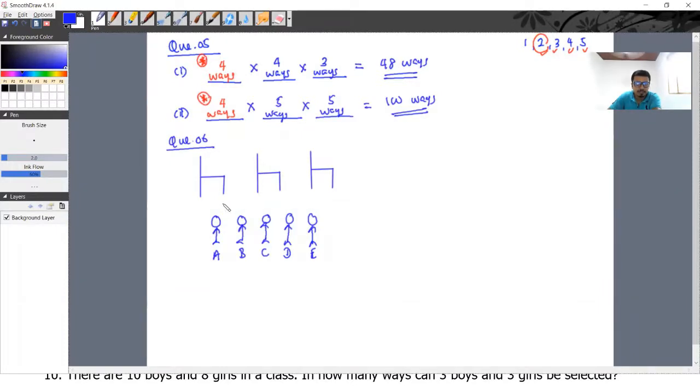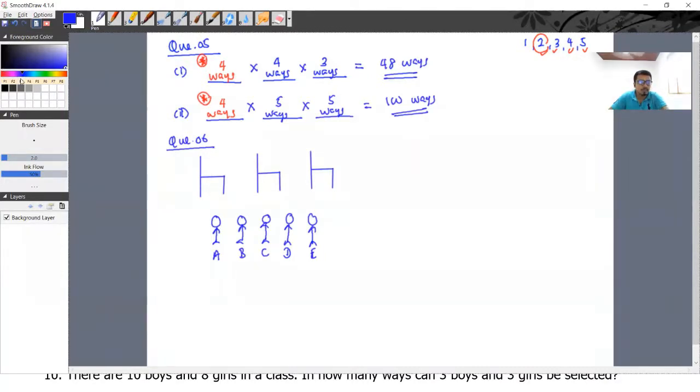If we take this chair, how many ways can this chair be occupied? A can come and sit here, or else B, or else C, or else D, or else E can come and sit here.